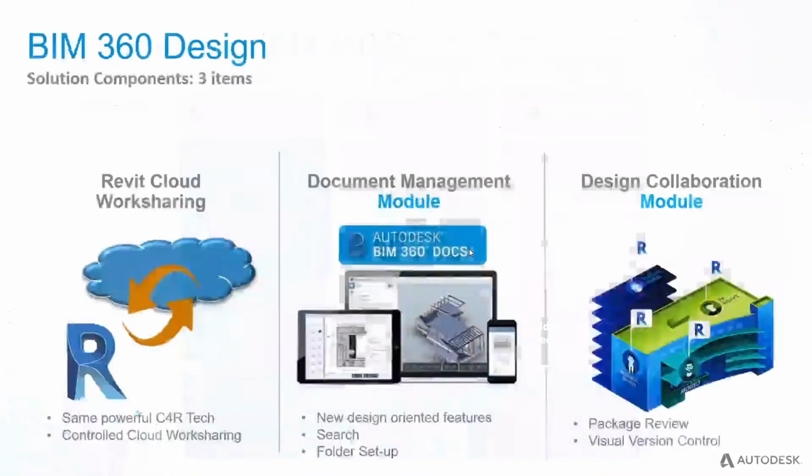Right, so moving on. We're focusing again on BIM 360 Design, and as I told you, we're going to skim the edges of what is possible with BIM 360 Design and look at some stuff in BIM 360 Docs, maybe some stuff in BIM 360 Build as well. You'll see later on. But essentially there are 3 components in BIM 360 Design.